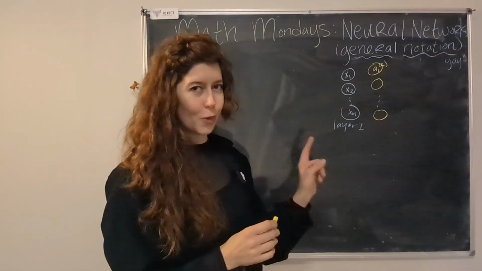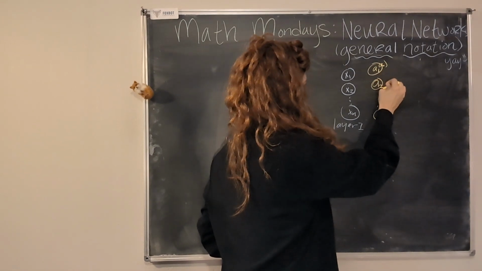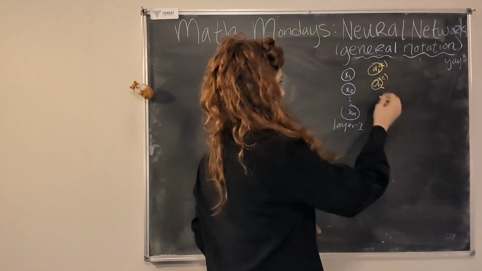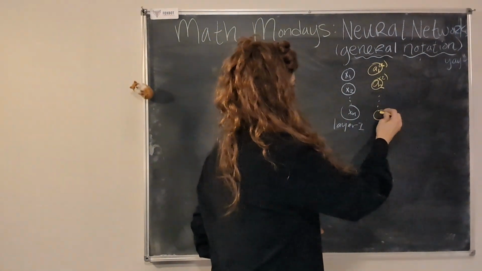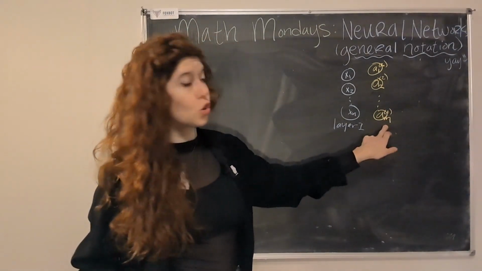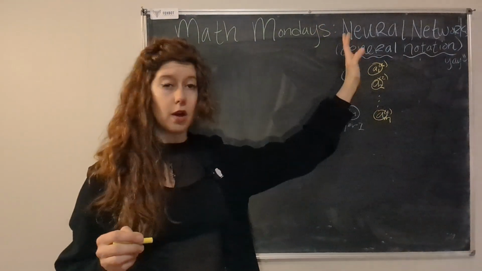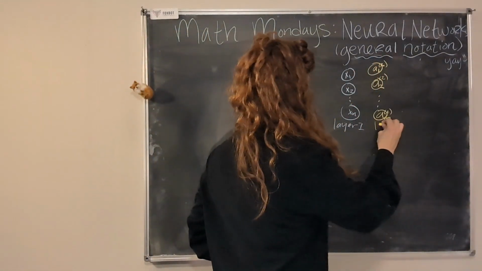I wrote a 1 instead of 2. And this is our second artificial neuron in layer 2, so A subscript 2, superscript 2, and then all the way down to A subscript M in layer 2. So this could potentially be a different size in length. We could have more or fewer artificial neurons in layer 2.